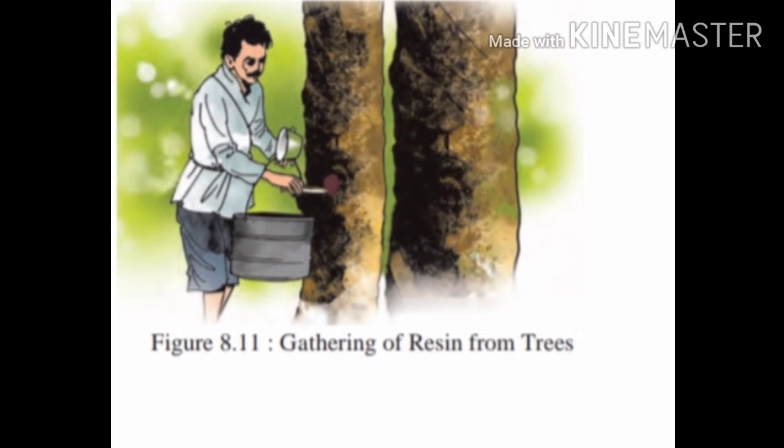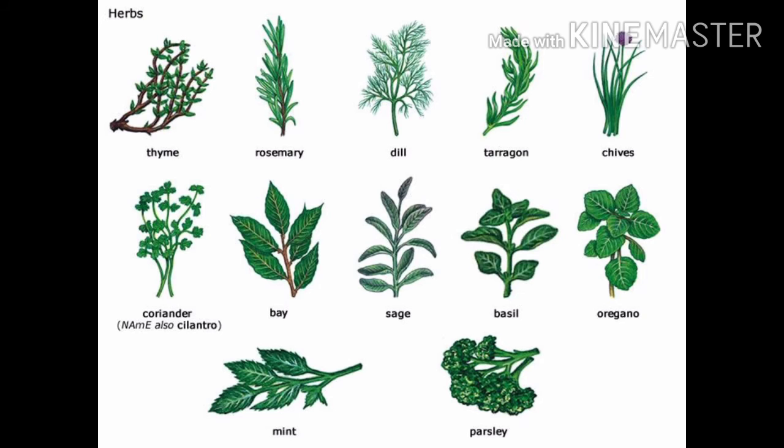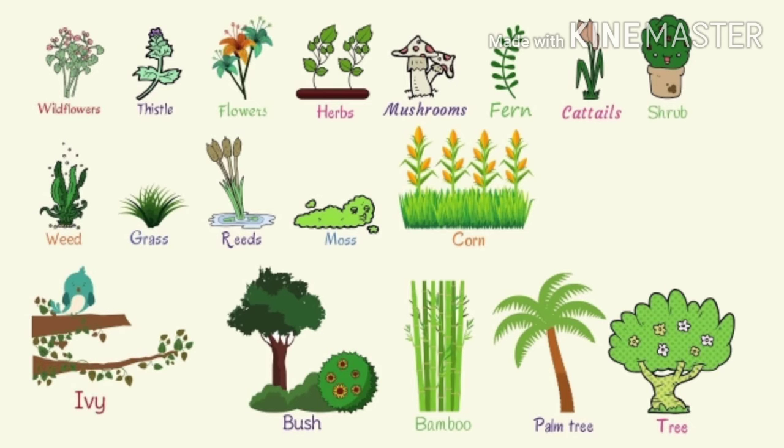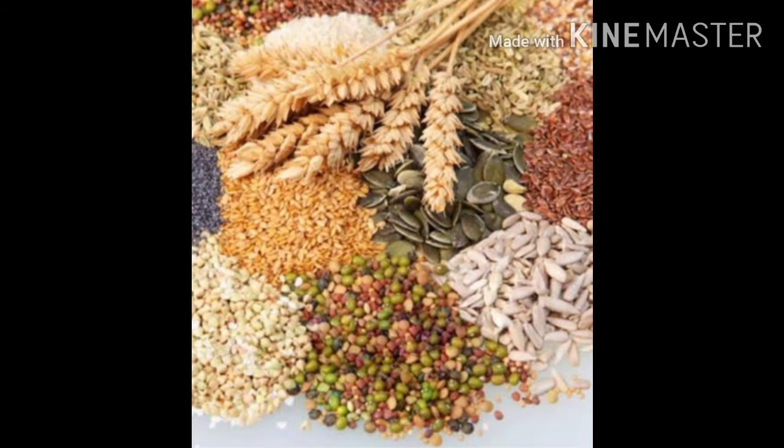There are various plants on land surface. Plants are broadly classified as grass, herbs, shrubs and trees. Man has successfully experimented with some grasses to obtain food grains.